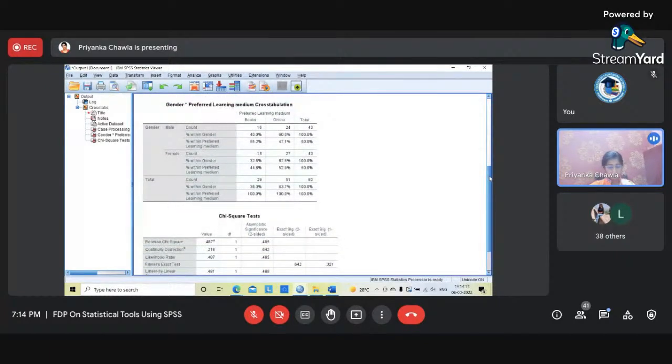No proper gap is there. That means the p-value is greater than 5%, so we will retain that hypothesis. What was the hypothesis? There is no association. Right?